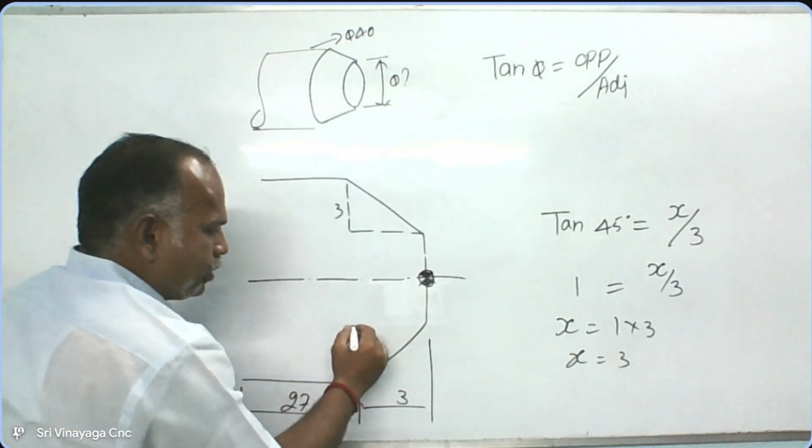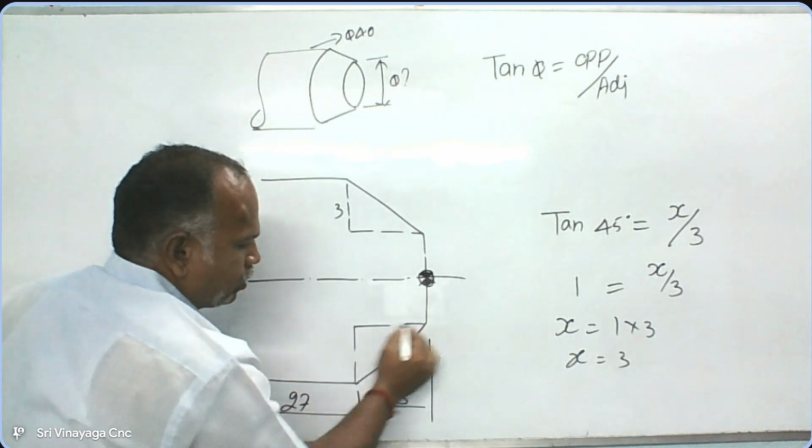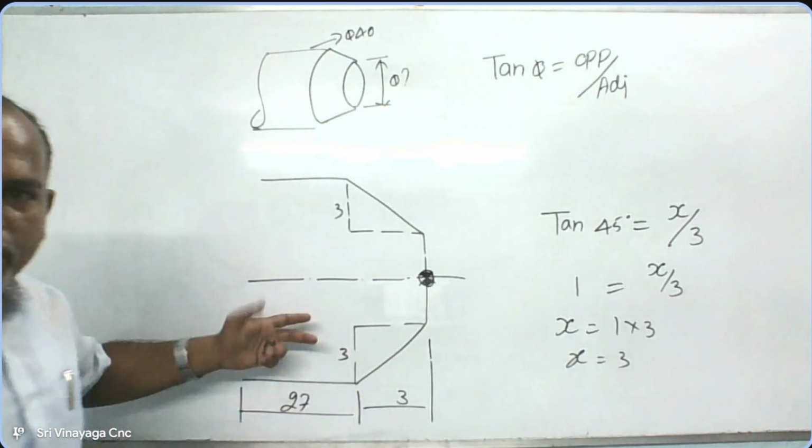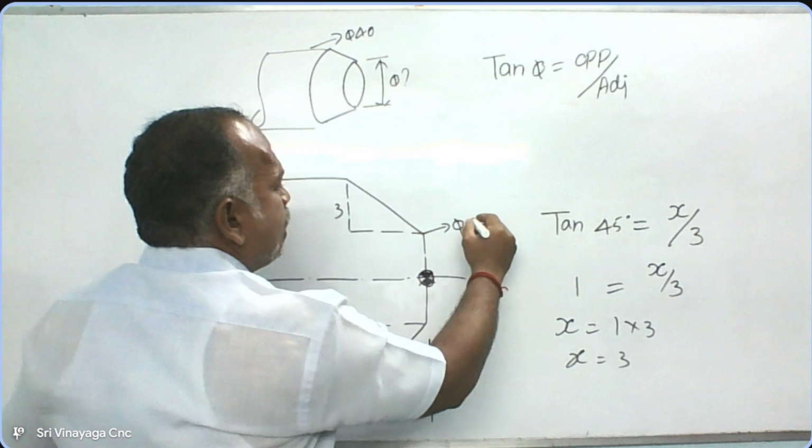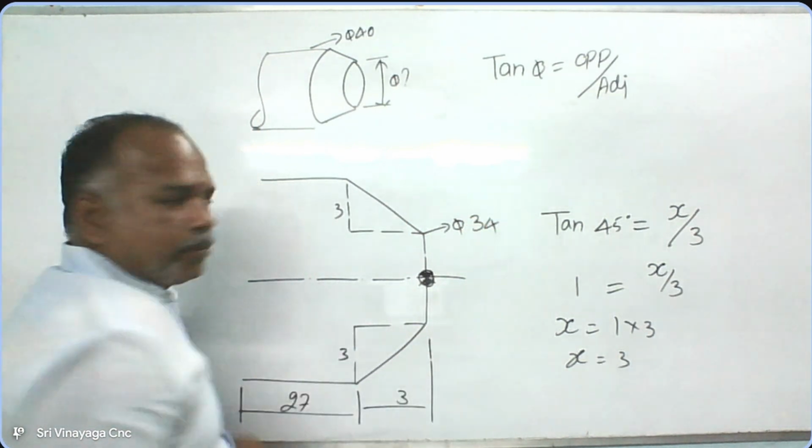Here 3, and this is 34 at the bottom with 3. So this diameter will be 34.